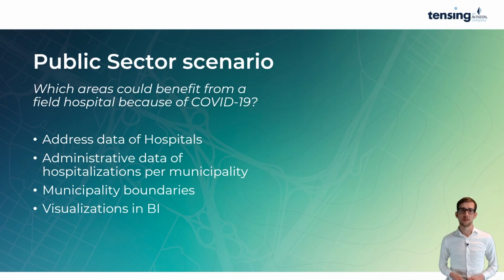So we had some use cases. And of course, with this whole COVID-19 situation, we thought that should be interesting for many companies to do some analytics on. So what we did for the Netherlands is gather some address data of hospitals, some administrative data of hospitalizations per municipality, added some municipality boundaries, so some geometries, and thought of ourselves which areas could benefit from a field hospital because of COVID-19.